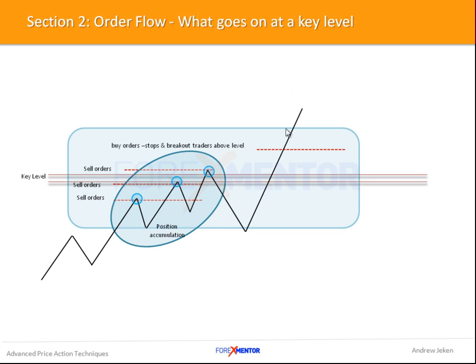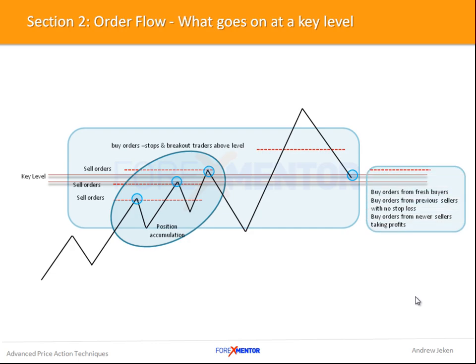Now, if there's not enough orders there, or enough interest to continue with a strong uptrend, price is likely to come back to this area. So what actually happens around this level right here, if we think about it in terms of order flow? Once again, we have buy orders stacked up from fresh buyers.